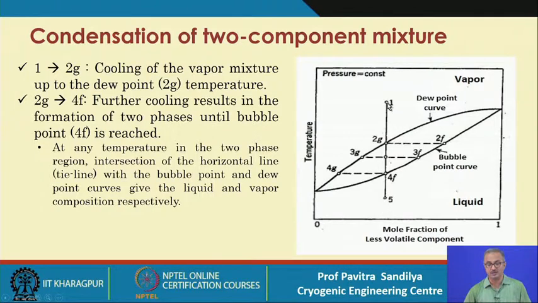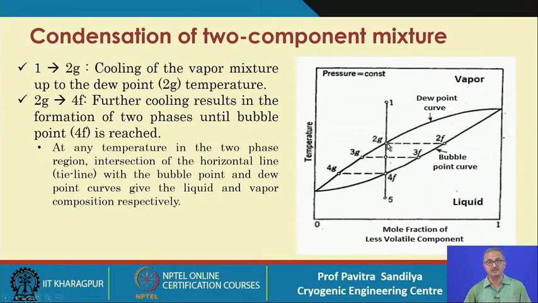As we cool the vapor down, we find that up to a certain temperature it remains in the vapor state. Then at some point 2G, at the corresponding temperature, which we call the dew point temperature, the liquid phase starts forming from the vapor phase.